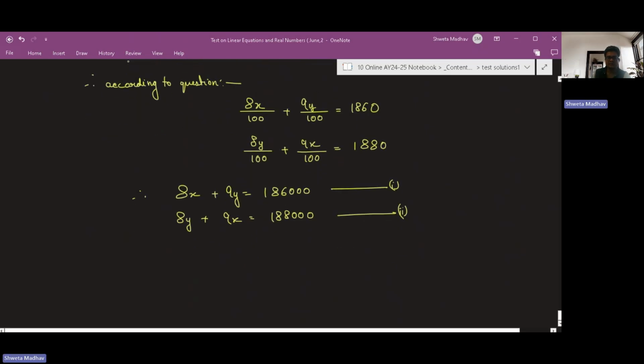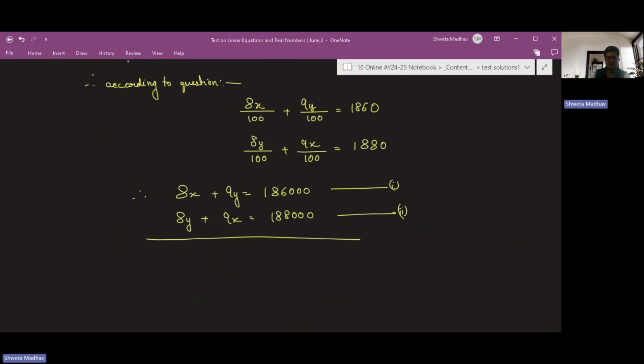Now if we add these two equations, then we will get 8x plus 9x, that is 17x, plus 17y, that is equal to 374,000.